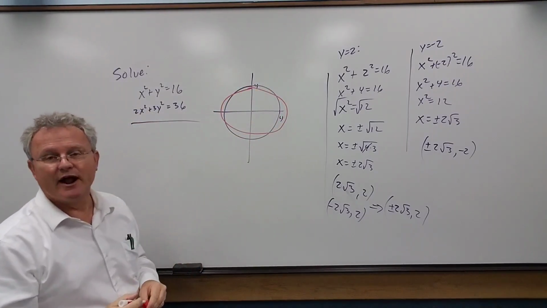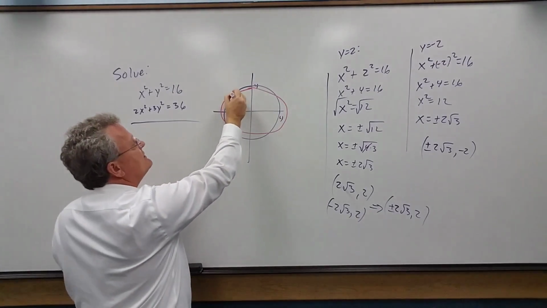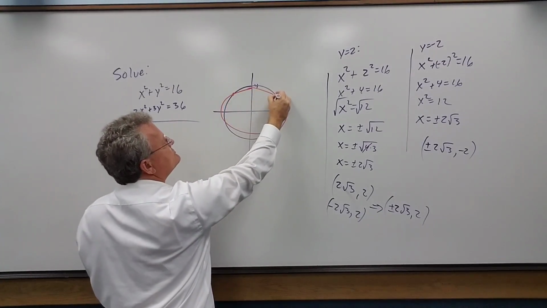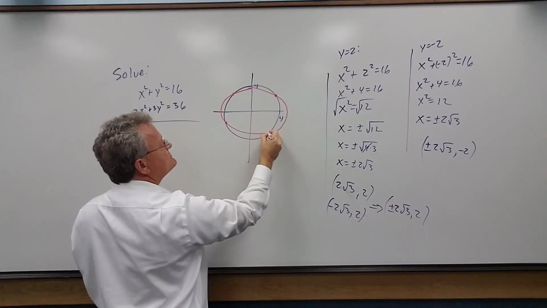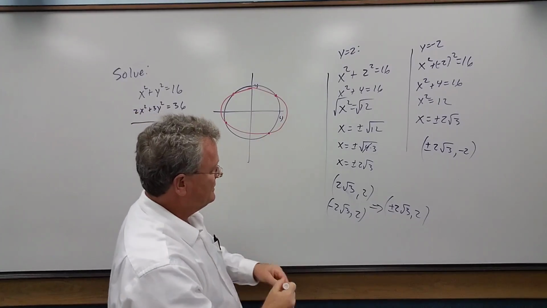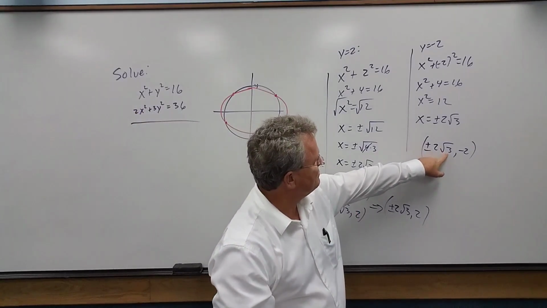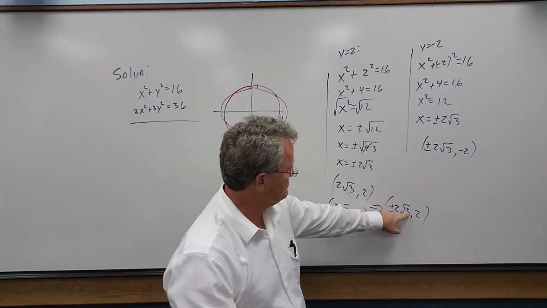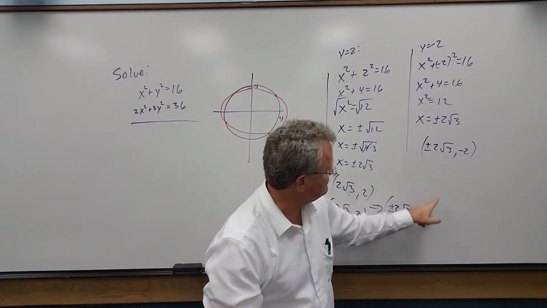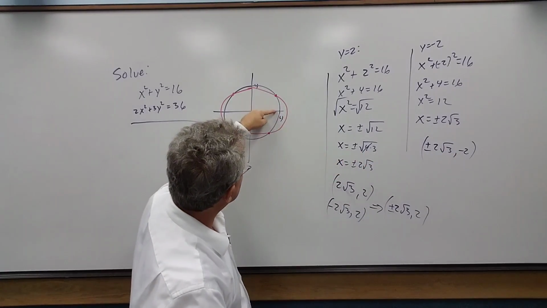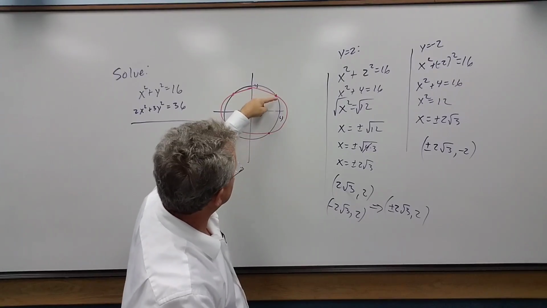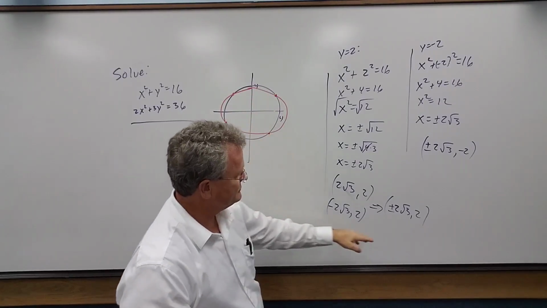It's not a very good graph, but anyways, here's 2 solutions and here's the other 2 solutions. So one answer, when x is 2 root 3, you get positive and negative 2. 2 root 3, positive 2; 2 root 3, negative 2.